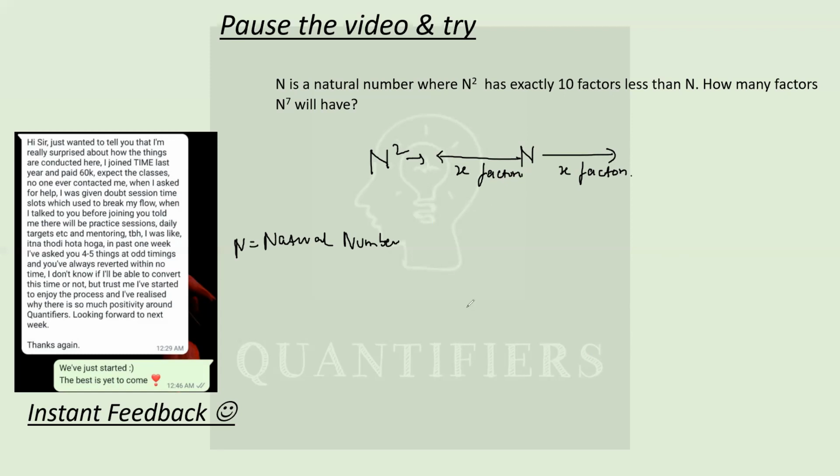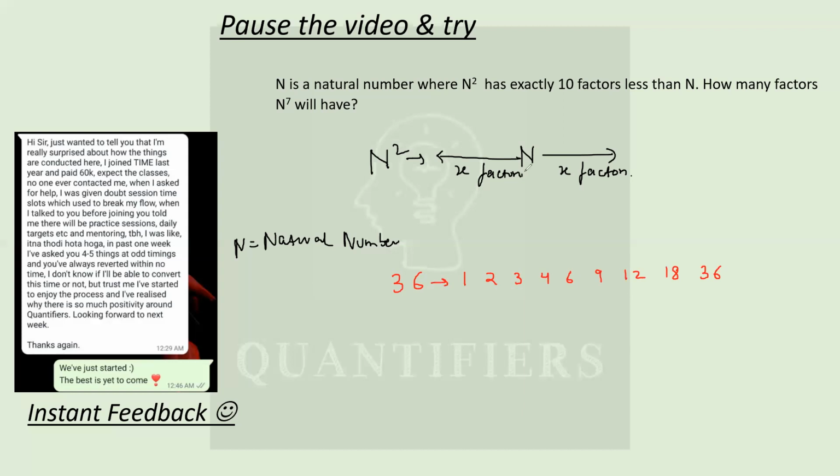Let's try to understand this with the help of one number. Now 36 we know is a perfect square. Now as I've told you, if I write down all its factors in the increasing or decreasing order, so let me write it in the increasing order. So I'll get 1, 2, 3, 4, 6, 9, 12, 18 and 36, right?